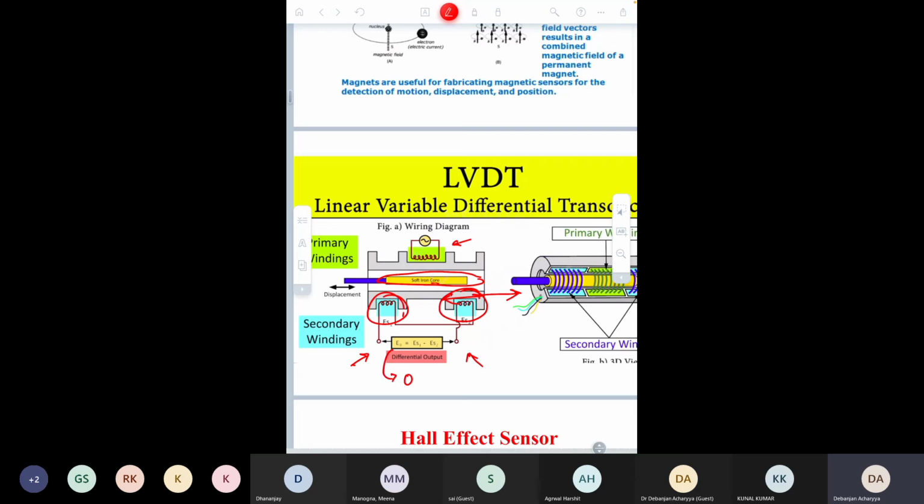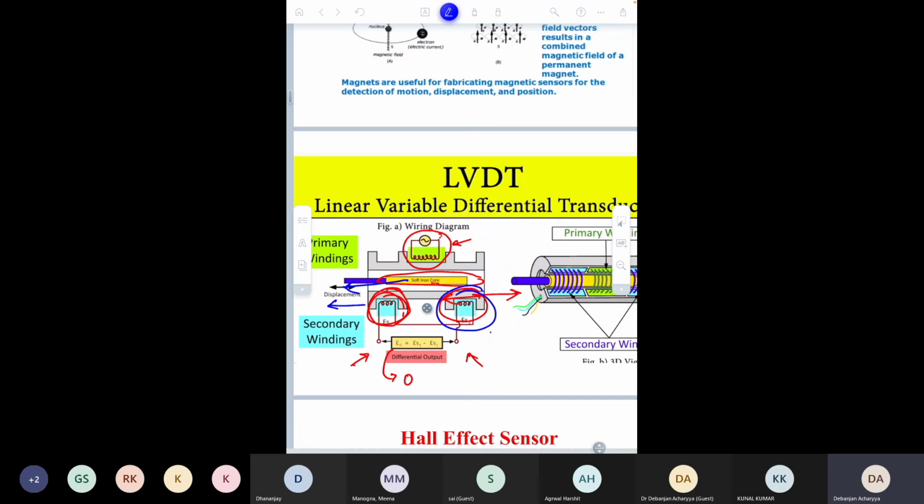So what is the output voltage in this particular position? The output voltage will be 0, because of the induced mutual inductance, as I told you: if there is a current carrying coil and adjacent to it another coil, mutual inductance is possible. Therefore if this soft iron core is moved towards the left, in this particular coil the amount of mutual inductance is reduced.